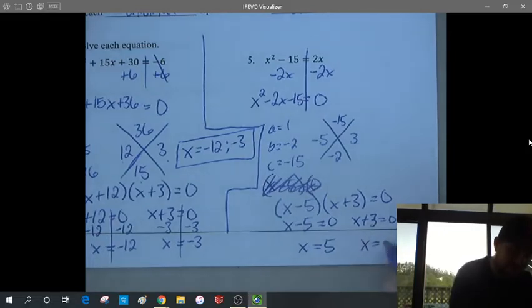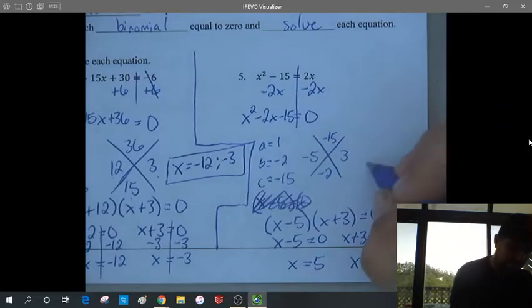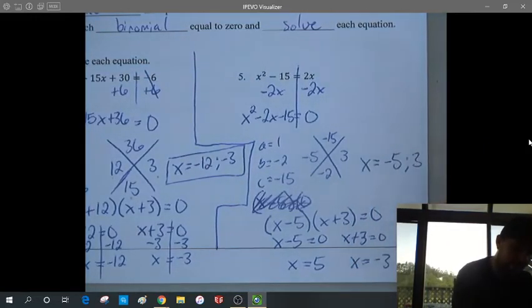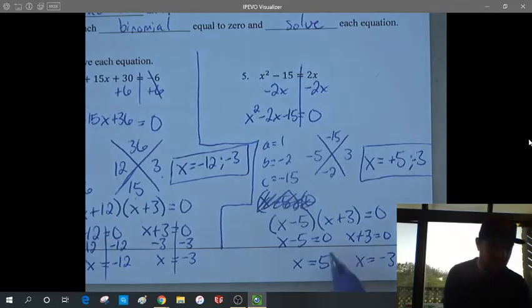Over here, when I subtract 3 from both sides, I'm going to get x is equal to negative 3. So x can be equal to positive 5 and or negative 3. Sorry, I went too quickly on that.